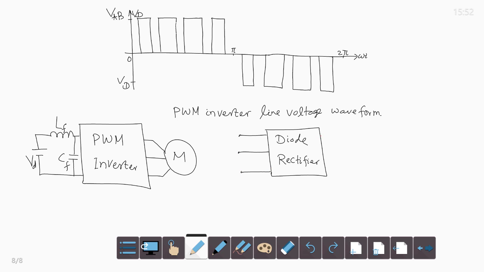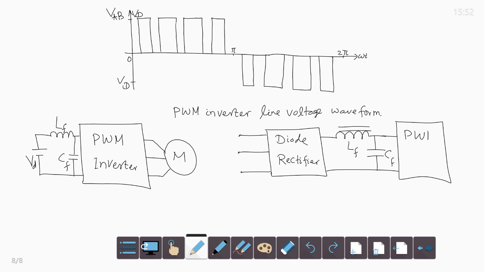Then there will be a filter inductor and a filter capacitor CF, which filters the ripples and feeds a constant DC to the PWM VSI, which feeds the 3-phase motor.